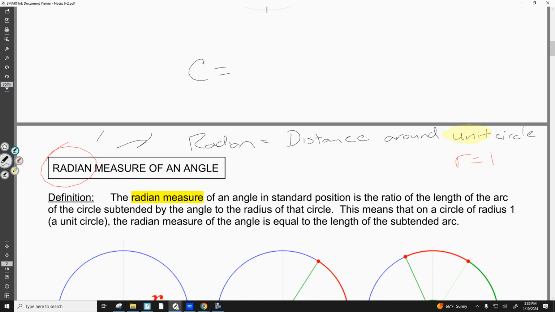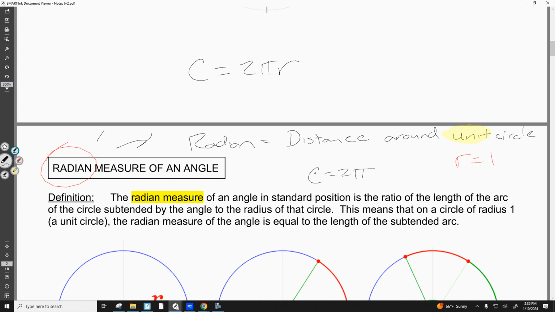We're not squaring. It's just 2 pi r. The circumference around a circle is 2 pi r. What is the circumference or the distance around a unit circle? Archer. If this is the circumference of any circle, what's the circumference of a unit circle that has a radius of 1? Good. Guess what?